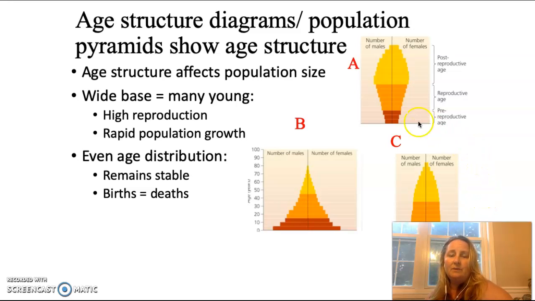And then if we're looking at the yellow part, there are very few elderly here. And so they probably don't have very good health care because their elderly are not really making it too long. And then over here, when you look at country A, they have this really wide post-reproductive age population.